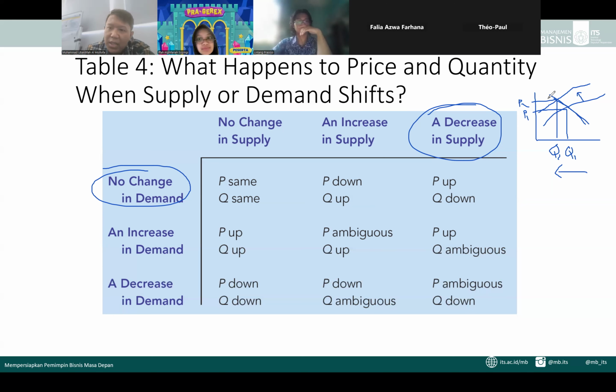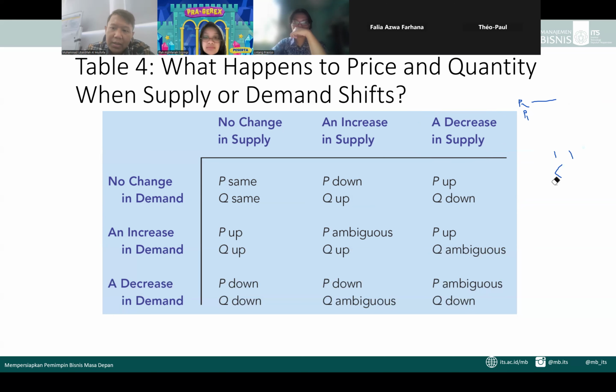So you need to see the interaction between the supply and demand. Now, what happens if we have both increase? For example, we have an increase in demand and an increase in supply.